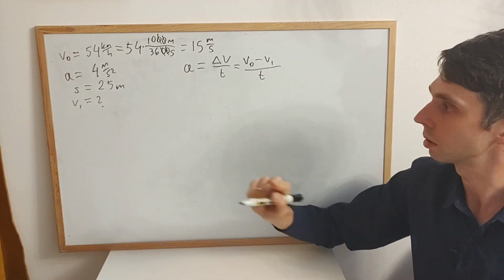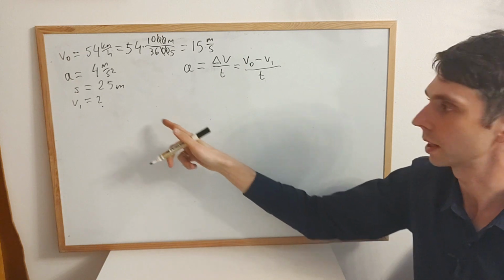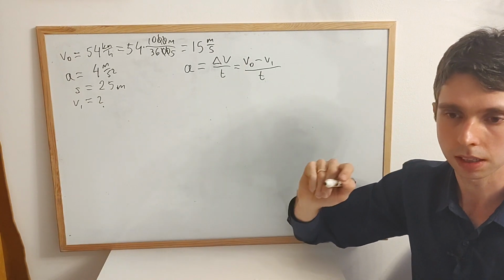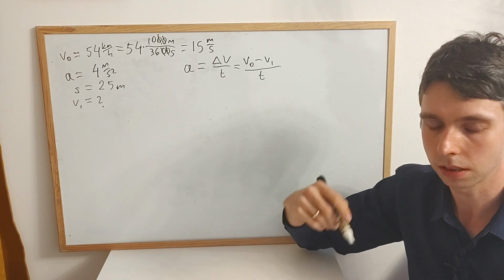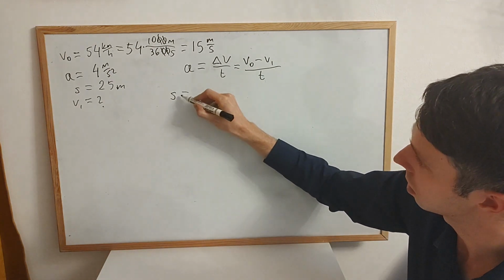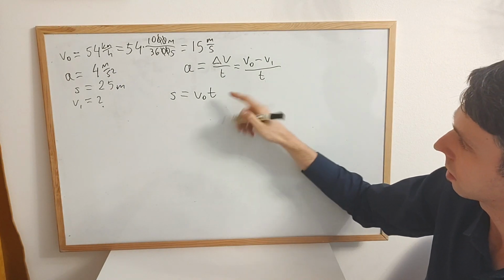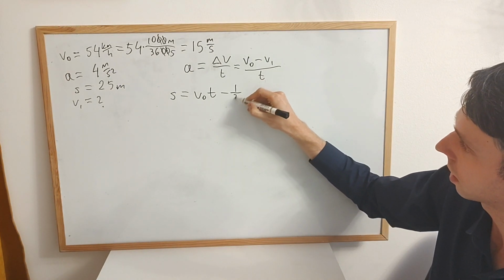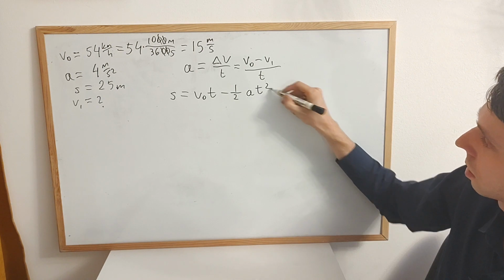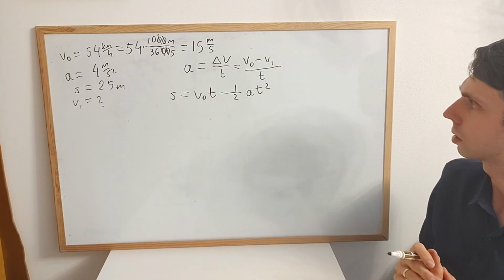And we didn't use the fact that we know the distance to the fallen tree, so we can use the equation for the distance in uniformly accelerated motion. So distance is initial speed multiplied by time minus 1/2 a t squared. So what to do?